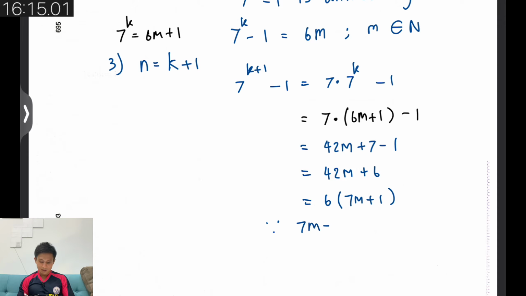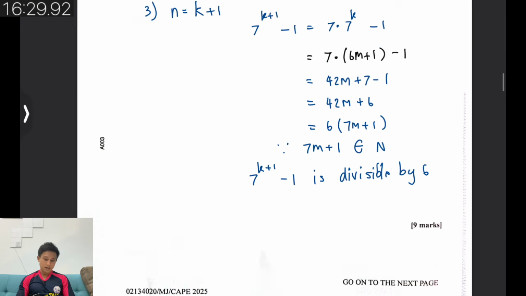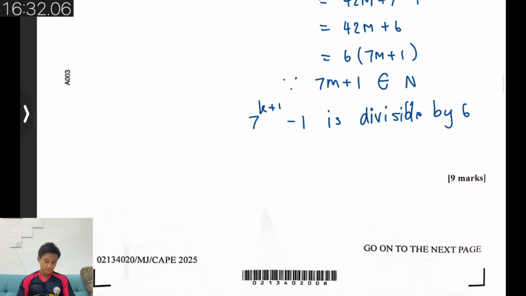As 7m plus 1 is a positive integer there, we can say that 7 to the power of k plus 1 minus 1 is divisible by 6. And now the concluding step, right?